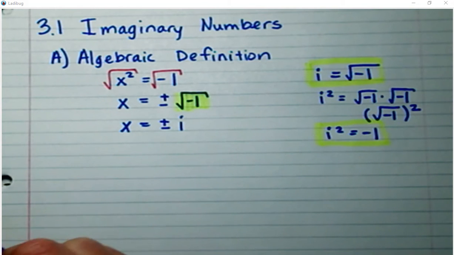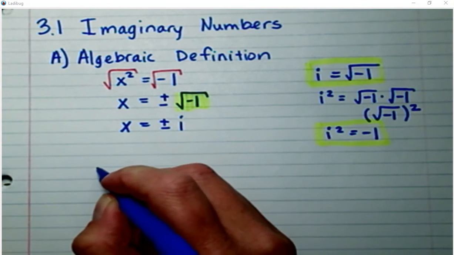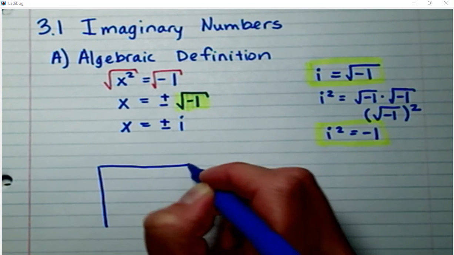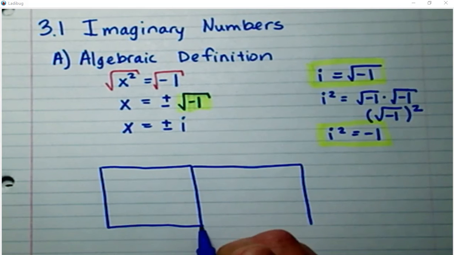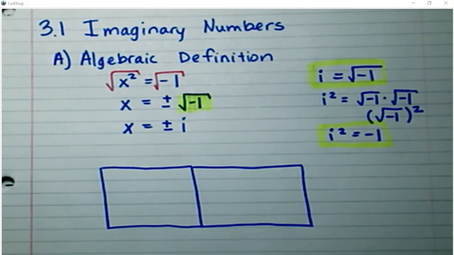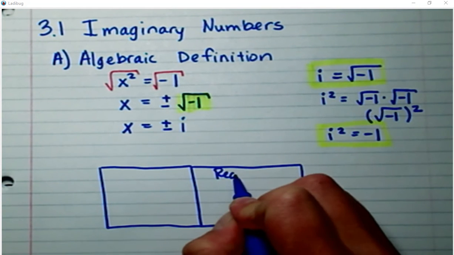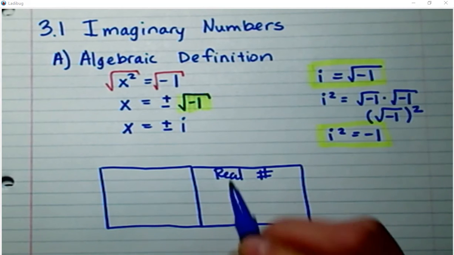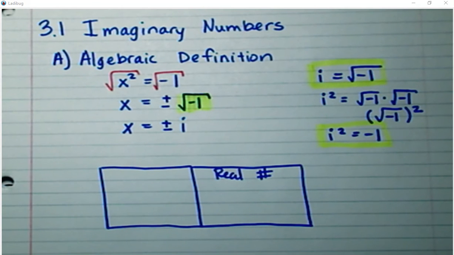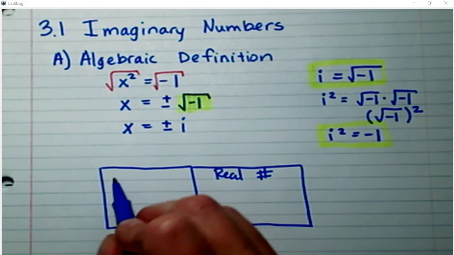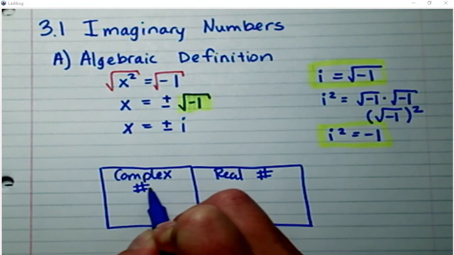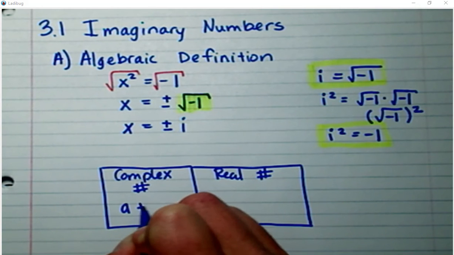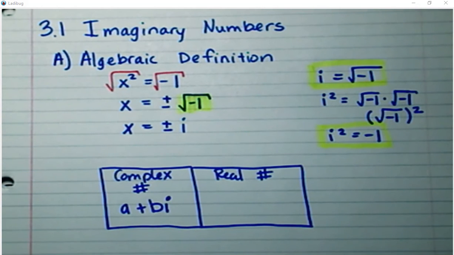Okay. Now we're going to do a little Venn diagram here, but I'm going to do it in terms of squares. Okay, two squares that don't overlap. Real numbers. Complex numbers. Okay.